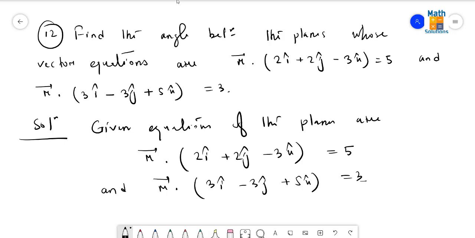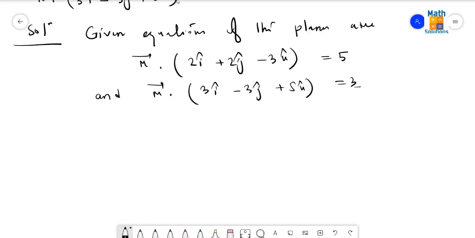From this we are going to consider this whole thing as vector n1, and this as d1, this as n2, and this as d2.